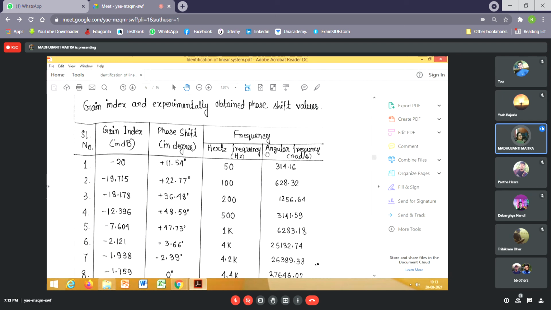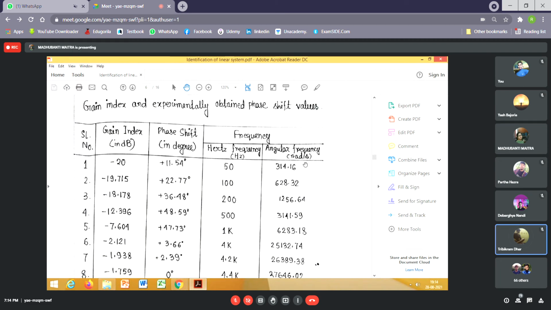And then the next column will be the angular frequency. We'll have to express the frequencies in angular frequencies, that means radian per second. So this column is going to be the next column after the serial number, and it will have two sub columns. One is frequency in hertz and the other one is the angular frequency. Clear?